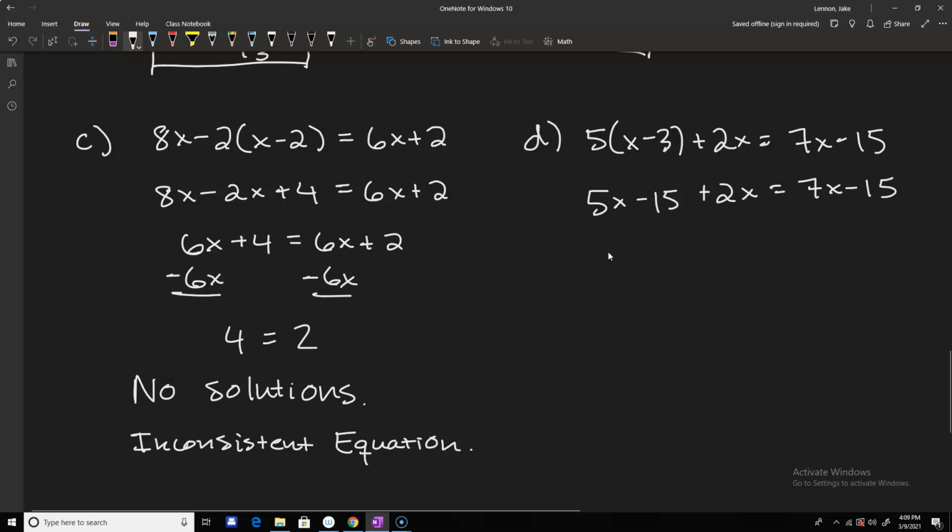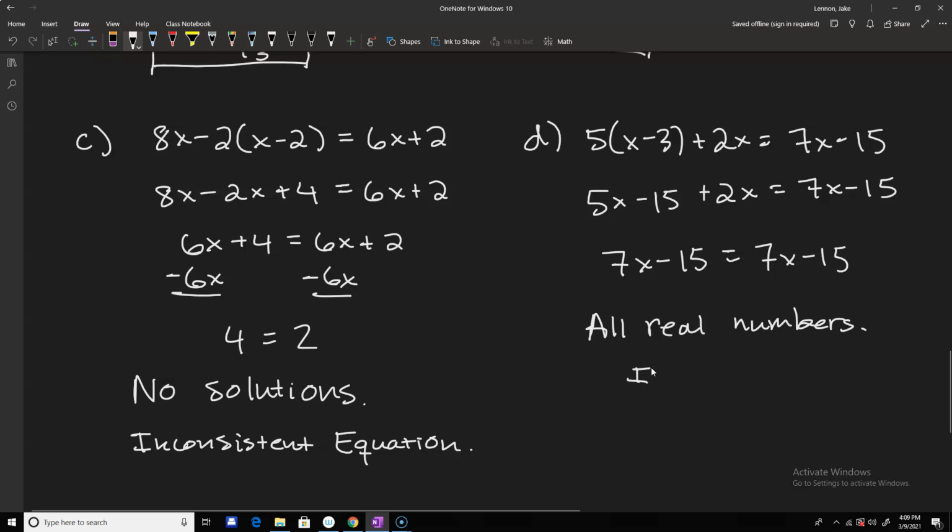And then 5x plus 2x makes 7x. So we end up with 7x minus 15 on both sides of the equation. Now that's going to be true no matter what value you plug in for x. If you plugged in 0, you would have negative 15 equals negative 15. If you plugged in 1 for x, you would have 7 minus 15, which is negative 8 on both sides. So this is going to work for all real numbers. So all real numbers are actually a solution here. So all real numbers are the solution set.